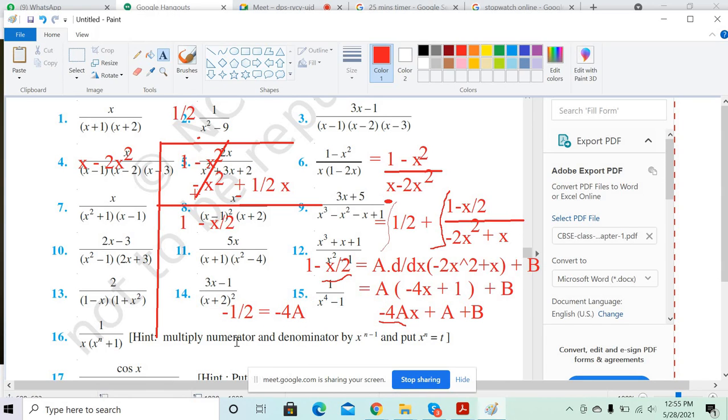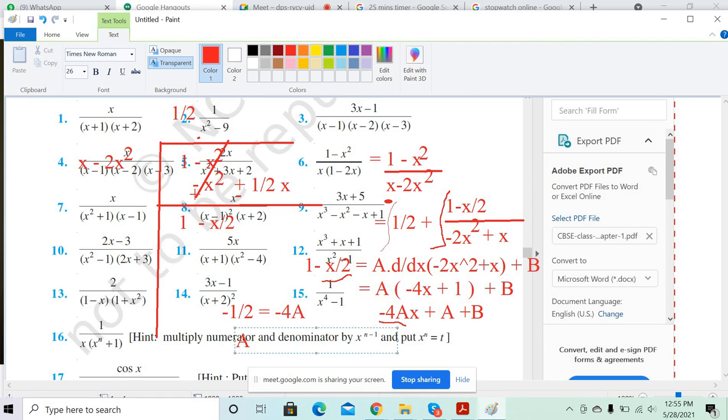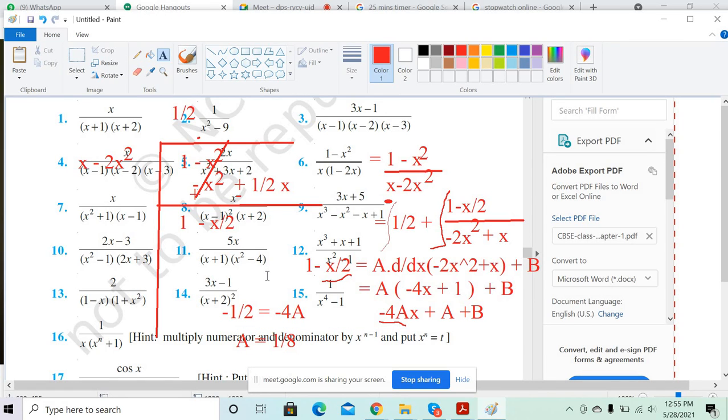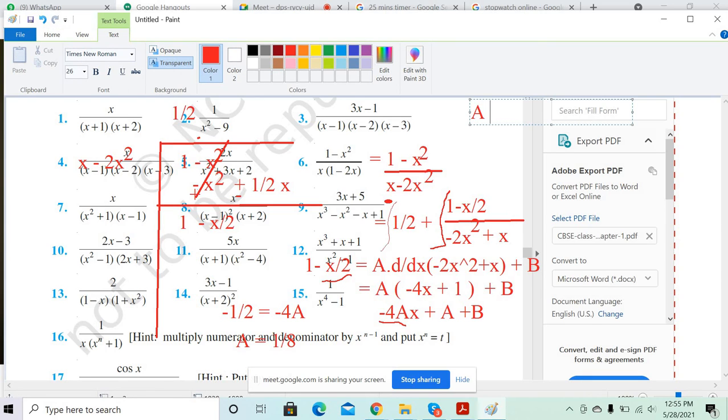So a will be equal to 1 by 8. So a plus b is equal to 1, because the constant is 1 here, right? And b will be equal to 1 minus a, which is 1 minus 1 by 8, which is nothing but 7 by 8, correct?